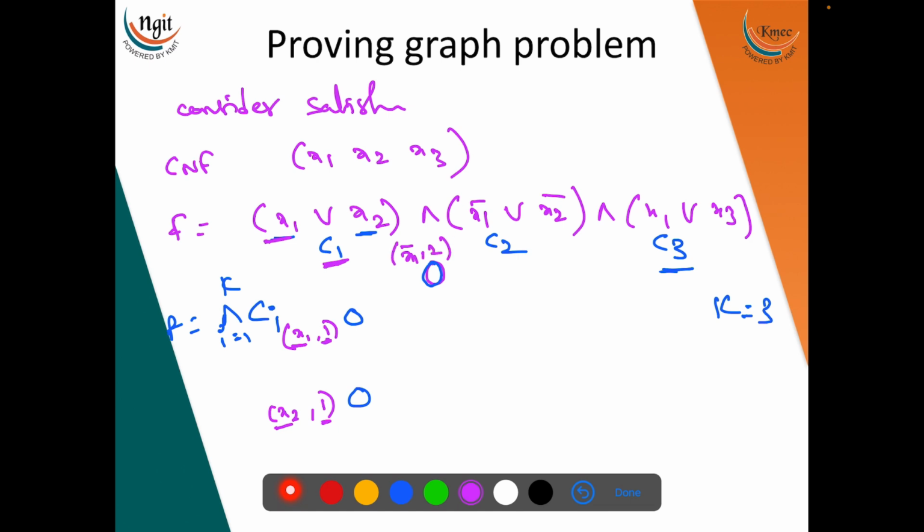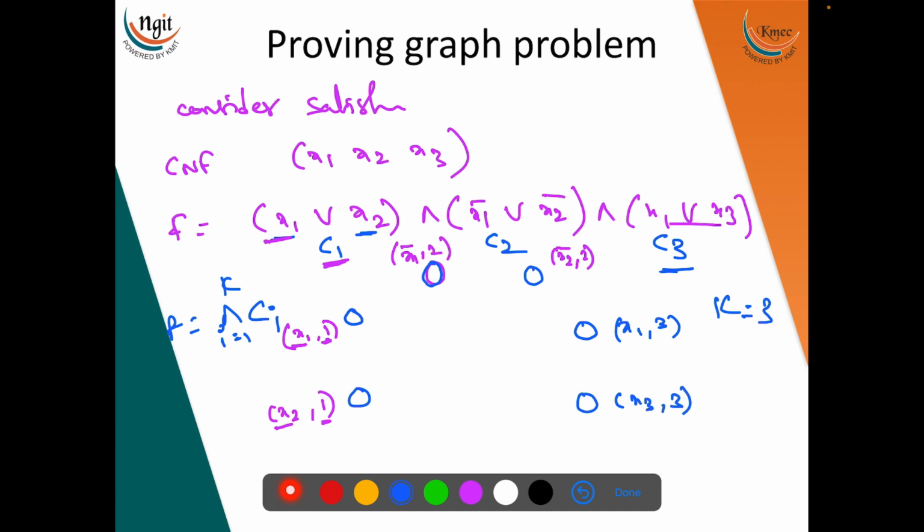Correct? Now x2. Let's take that. This is the value x2 bar comma second clause. And we'll take the same for the third clause. This is x1 comma 3, and this is x3 comma 3.